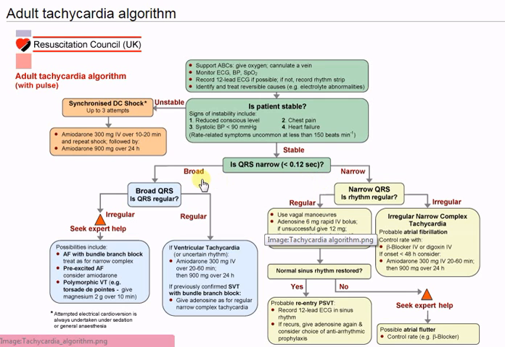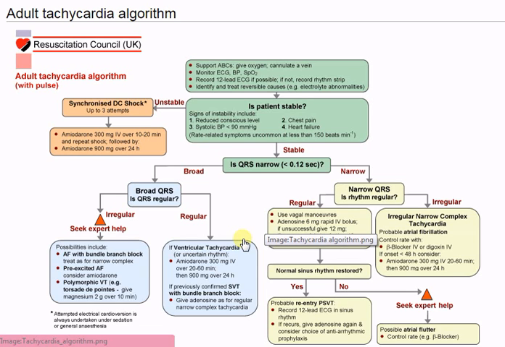If it's broad, it's a broad QRS, and then you need to check, is this QRS complex regular? If it's regular, there are so many situations you need to check.